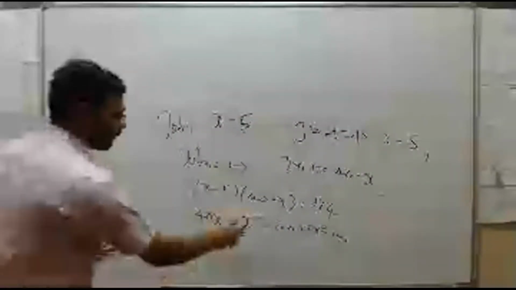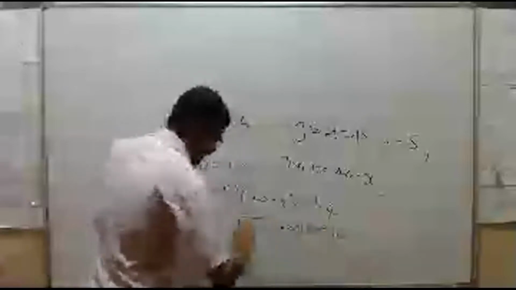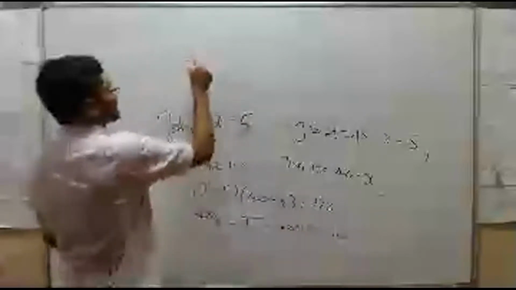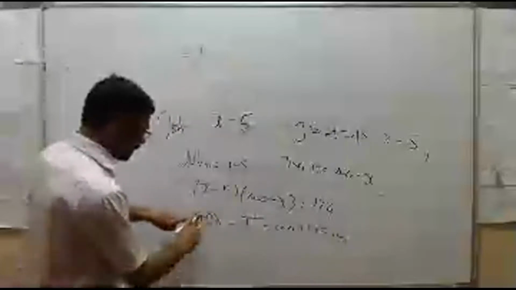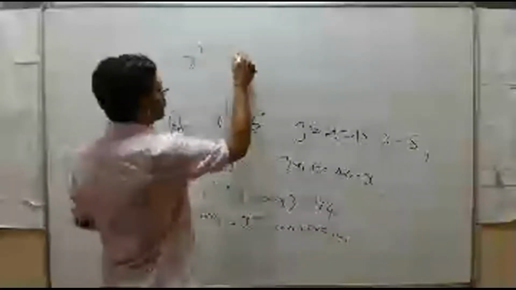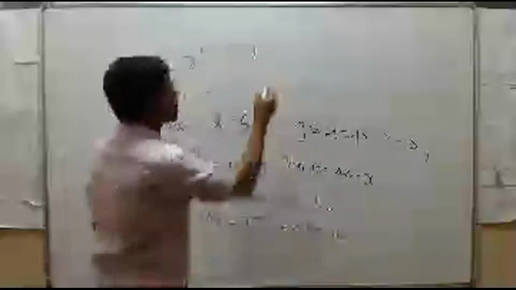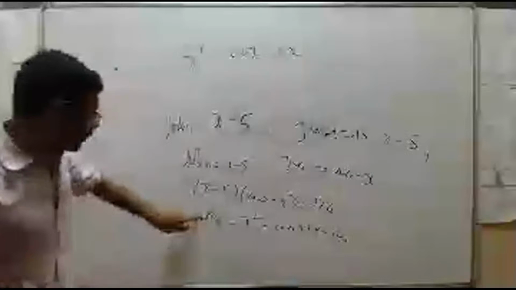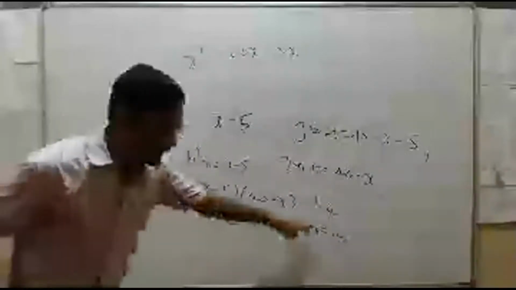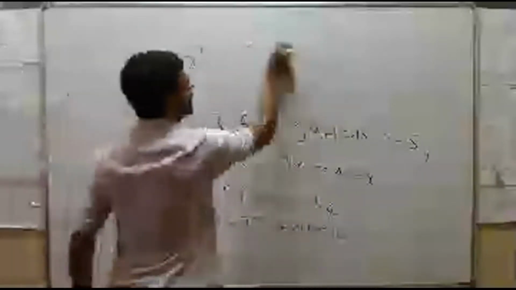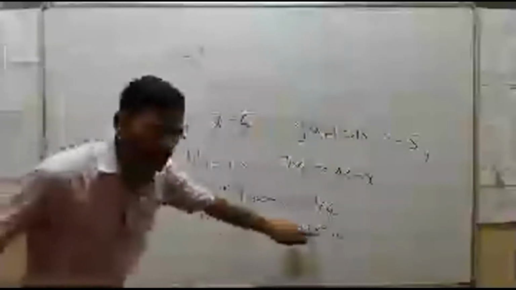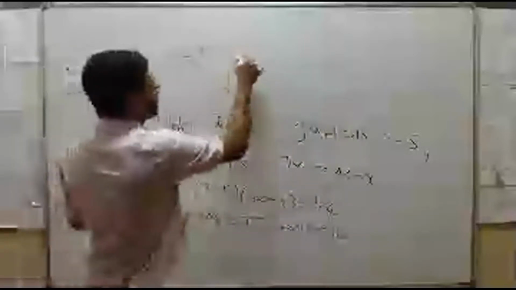Then on the LHS and RHS, minus x square becomes plus x square, plus 40x becomes minus 40x, plus 5x becomes minus 5x. 40x plus 5x is 45x, so minus 45x.